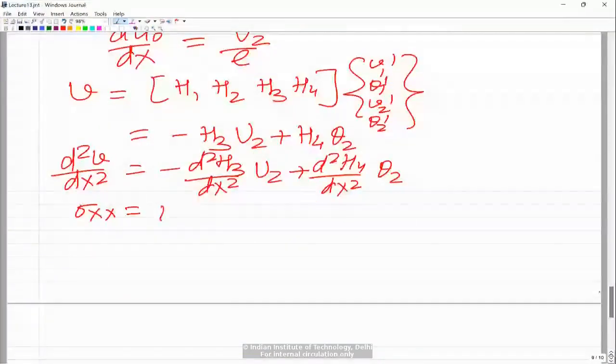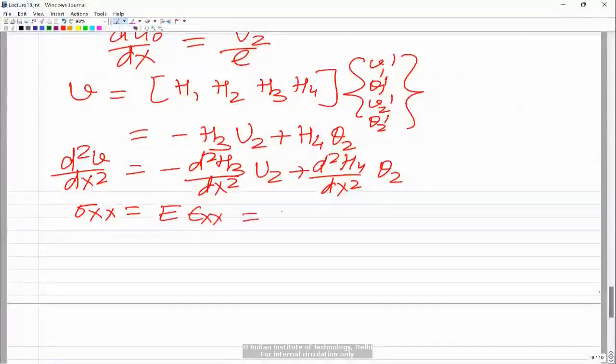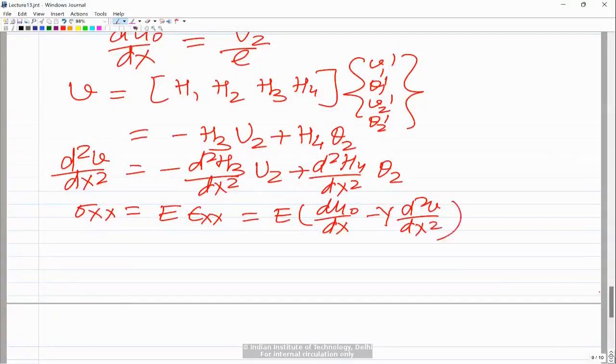Sigma xx will be E times epsilon xx, and we know that epsilon xx is du naught by dx minus y, the local y coordinate, into d2v by dx square. From this you can calculate the stress at any point within the element, that is at any capital X value and at any y, either the top surface or the bottom surface, so y equal to plus h by 2 or minus h by 2. From this you can do all the post processing calculations.